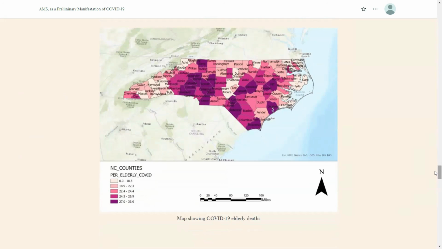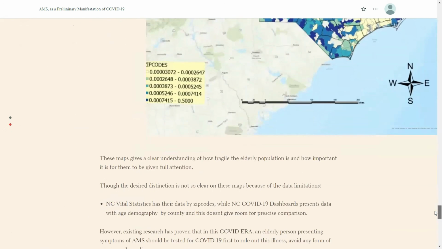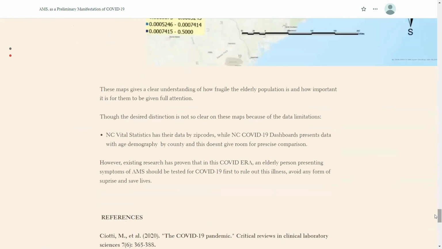These are some of the limitations of GIS applications, because we only use the data that we have available. Now, these maps give a clear understanding of how fragile the elderly population is and how important it is for them to be given full attention. Though the desired distinction is not so clear on these maps because of the data limitation, NC Vital Statistics has their data by zip codes, like I said earlier, while the NC COVID-19 dashboard has its data by county.